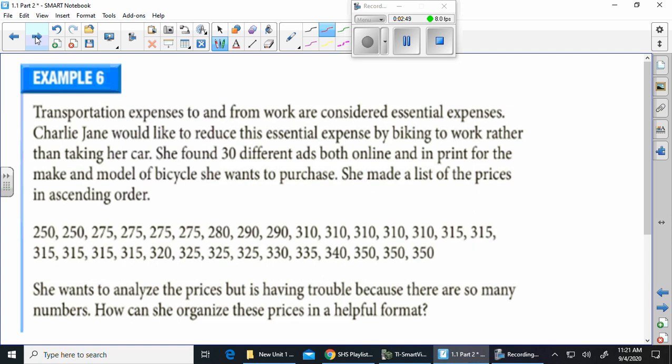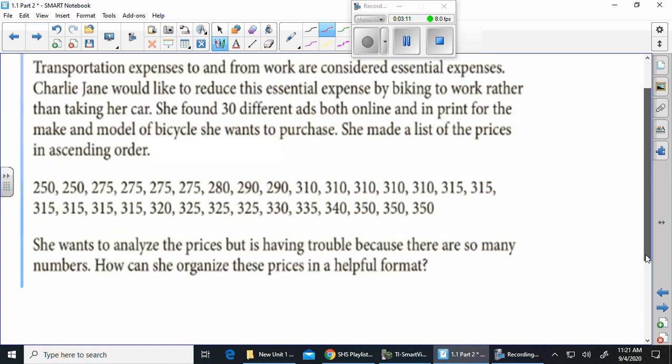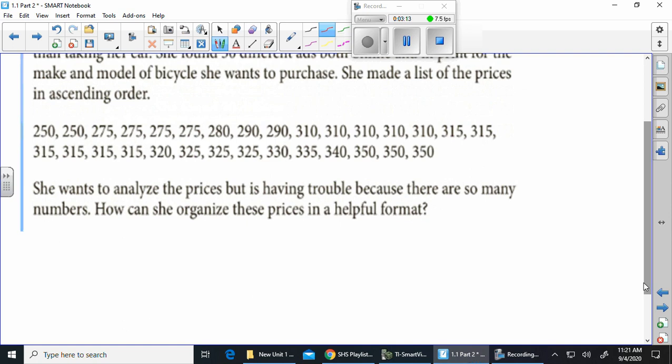She found 30 different prices for the make and model of bike she wants to buy. She wrote them in ascending order. She wants to analyze the prices but is having trouble because there's so many numbers. So how could she organize these in a helpful format?